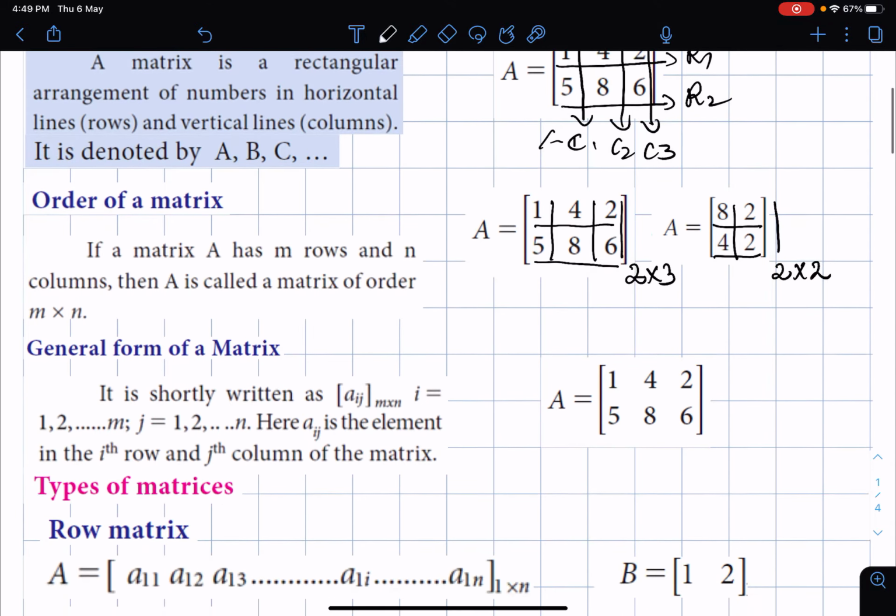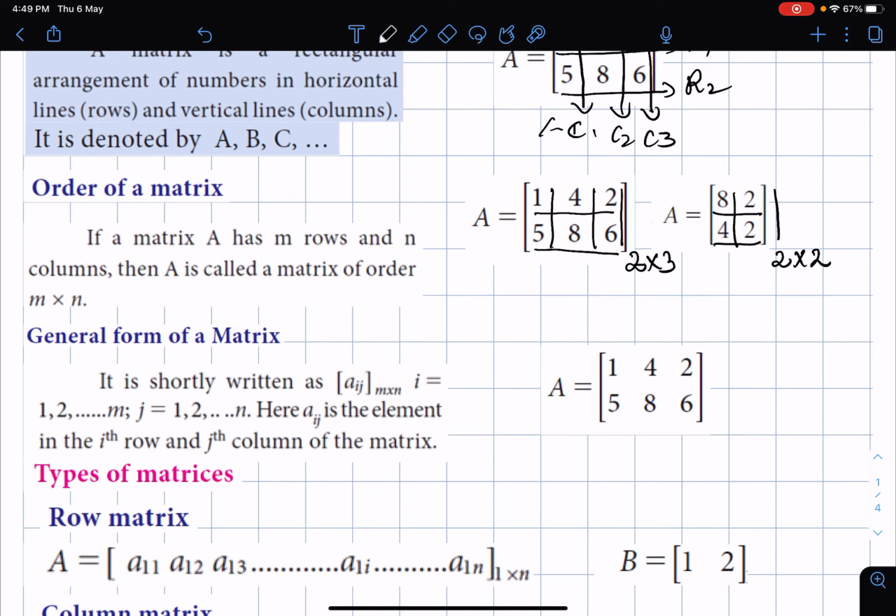Now we will go into the next one, the general form of the matrix. What is the general form of the matrix? Aij, m cross n, where i denotes the number of rows and j denotes the number of columns. See in the example, this is going to be the first row, isn't it? So 1,1, this is going to be 1,2 and this is going to be 1,3. And similarly the second row 2,1, 2,2 and 2,3.